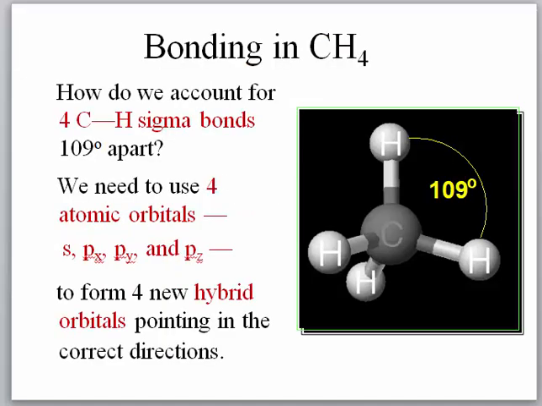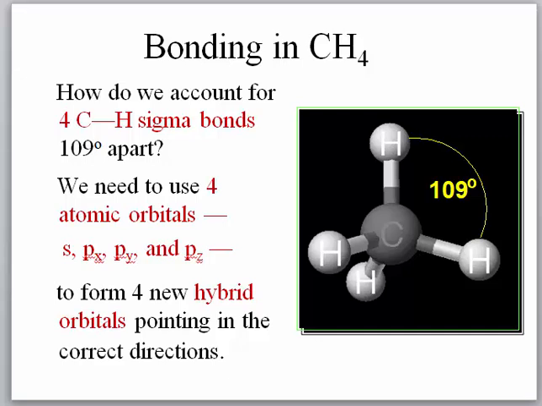So if you look at methane, you have 4 carbon-hydrogen sigma bonds at 109 degrees apart. In order to get 4 equivalent bonds, we have to blend our s and our 3 p's together to make an sp3 hybridized orbital, all pointing at the 109 degree bond angle from that central atom.